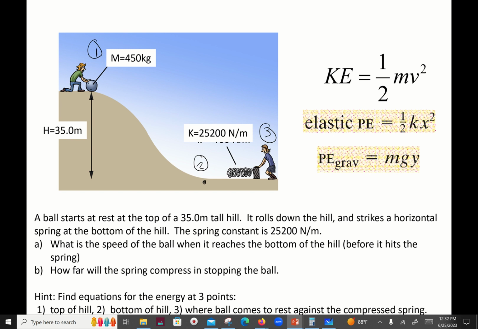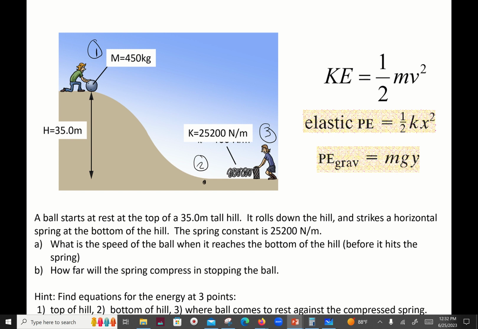When it gets down the hill, it's going to hit the spring, and when it hits the spring, it's going to compress the spring and come to a stop. So point 1 is when it's up at the top of the hill, point 2 is when it's at the bottom of the hill, and point 3 is where it's compressed the spring and it's completely stopped.